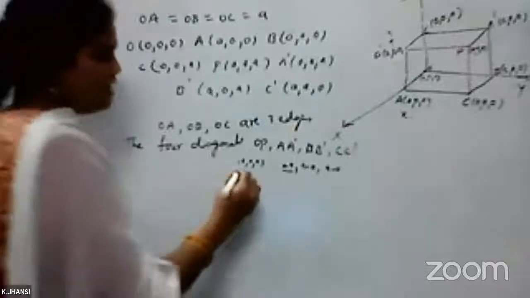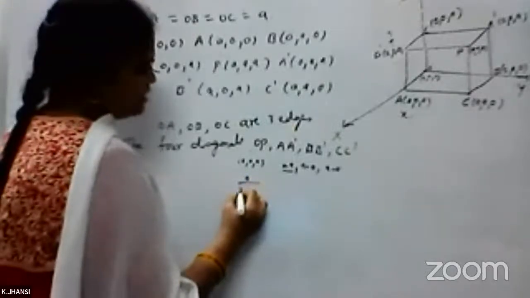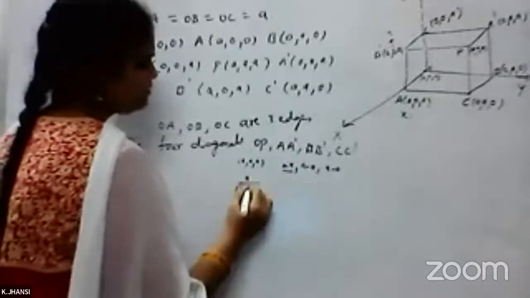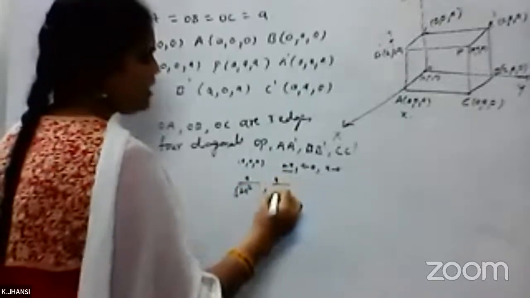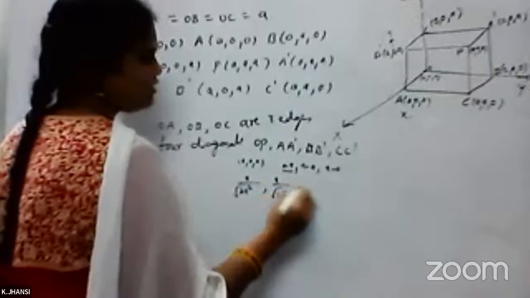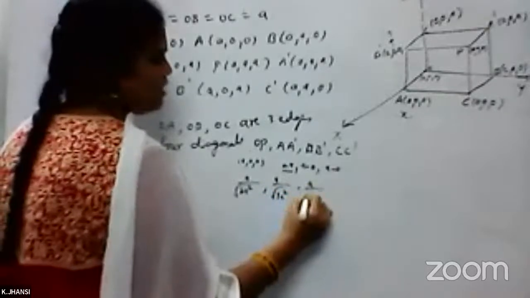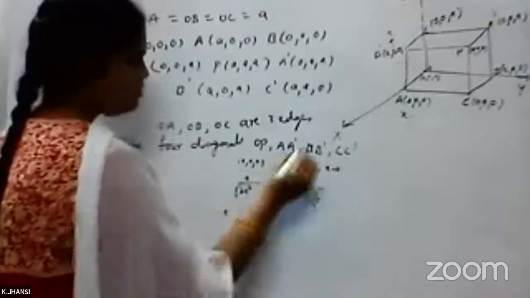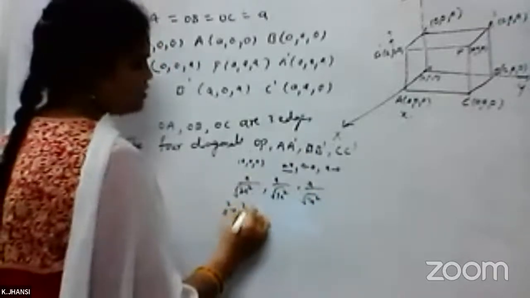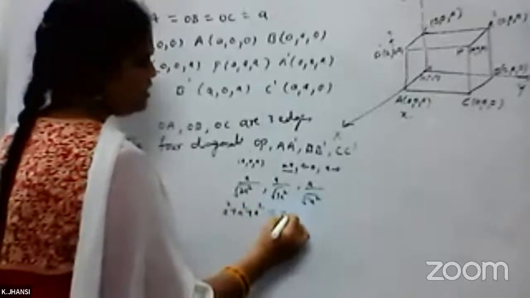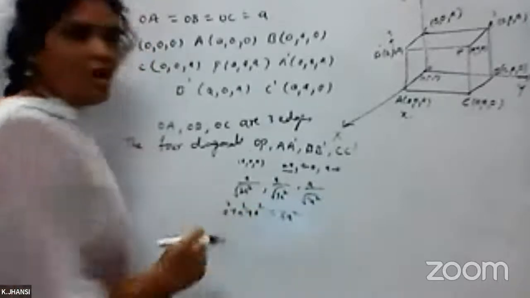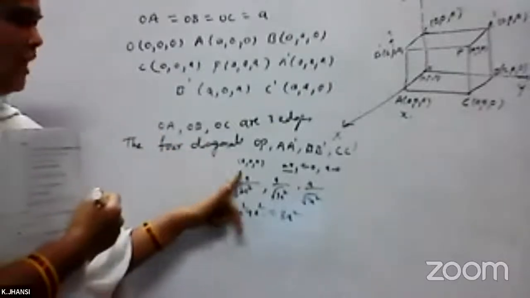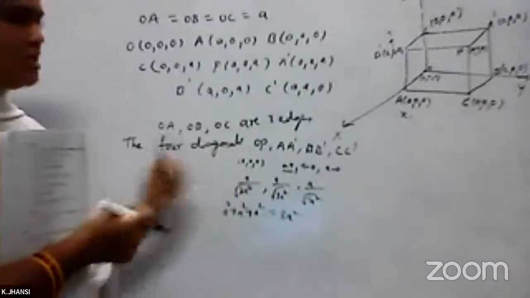So you will get A by root of 3A square. 3A square, no? A square plus A square plus A square means 3A square. We have the formula for direction cosines: the coordinate difference divided by the square root of A square plus B square plus C square.